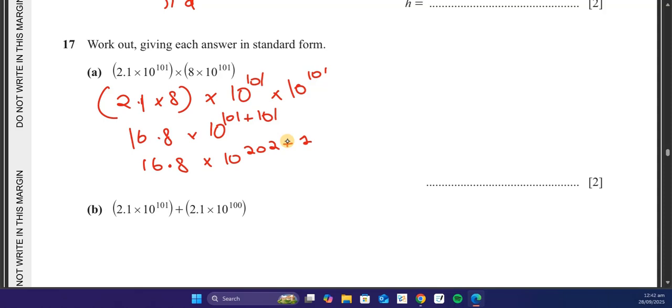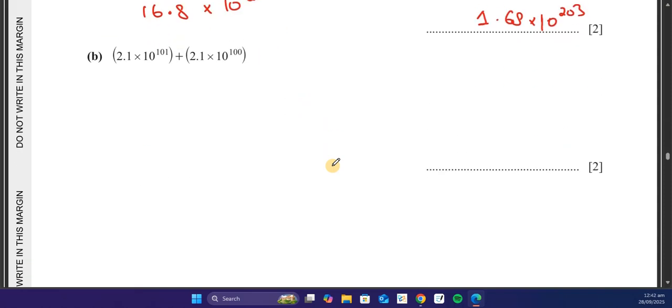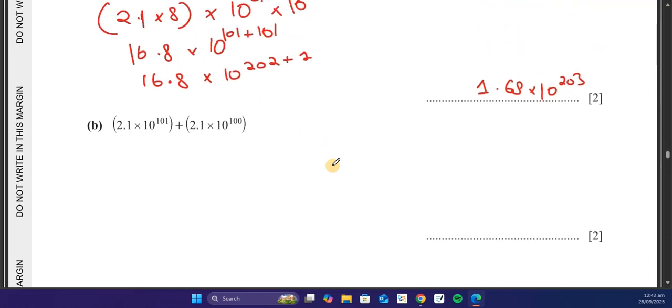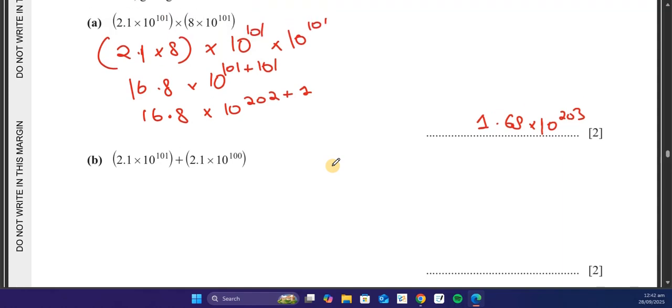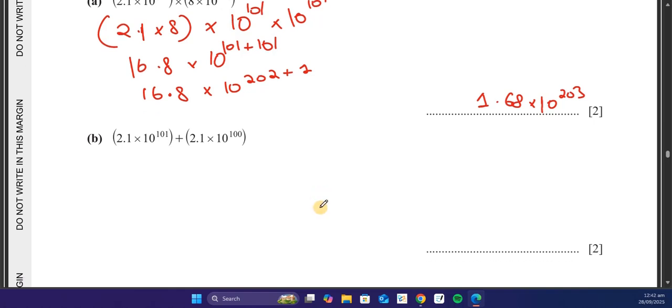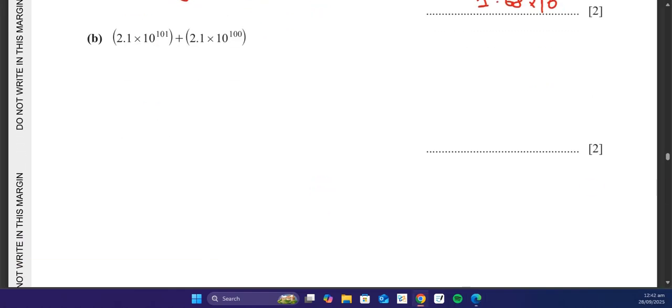So 1.68 into 10 to the power of 203. All right, makes sense. We added 1 because if we just left it like that, that would make the answer wrong. If we solve this, we would get that. That's why.